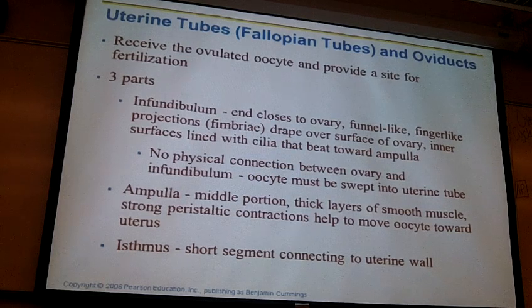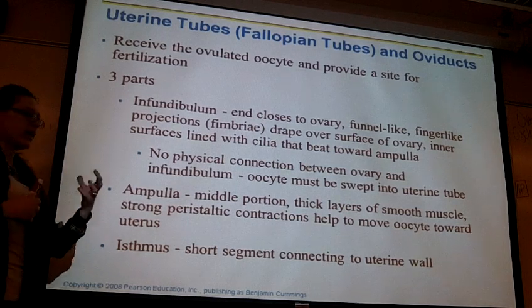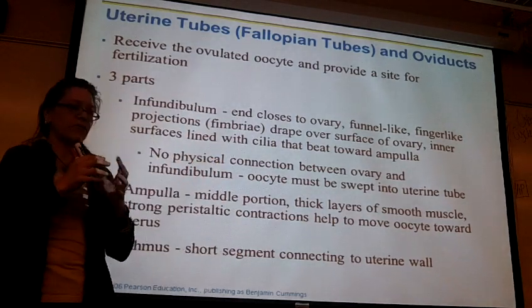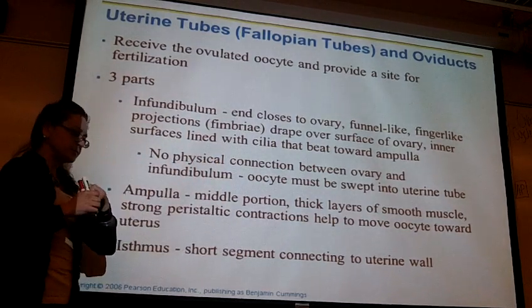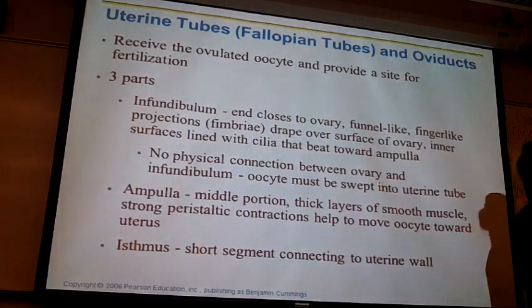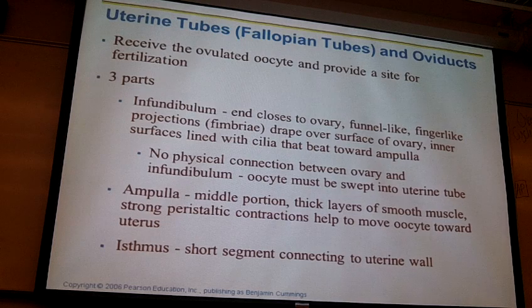So the fallopian tubes are just tubes that are there to receive that ovulated oocyte and provide a place for fertilization to happen. So the sperm have to make it through the vagina, through the uterus, get into the fallopian tubes, and that's when fertilization will occur, in those fallopian tubes.